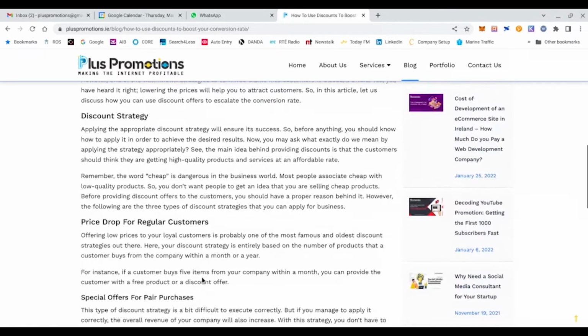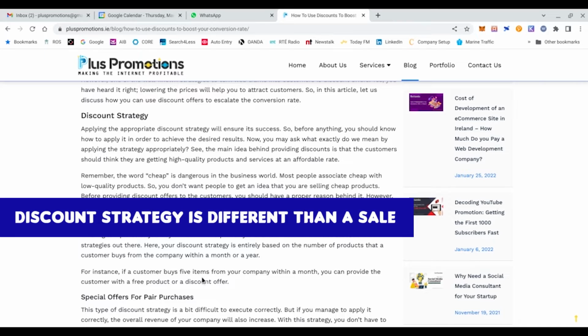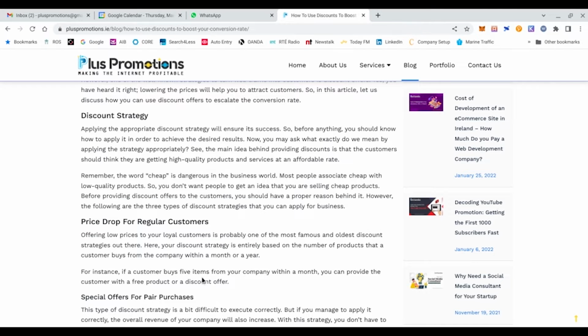But starting to look at a discounting strategy, it's deciding what is the appropriate discounting strategy to pick for you to ensure that you are increasing your conversion rate. Now, a discounting strategy is different than a sale in terms of you're not trying to associate your products with a cheaper price, or turn your website into a discount store, or give it that cheap feel that can sometimes make people think that the products are of inferior quality.